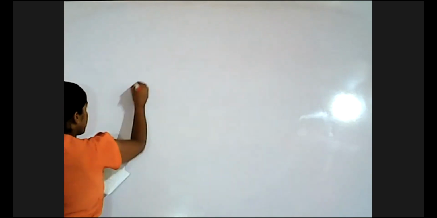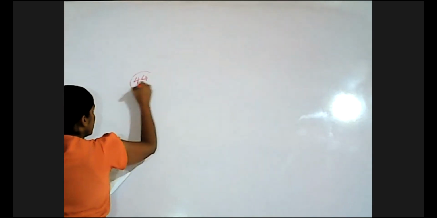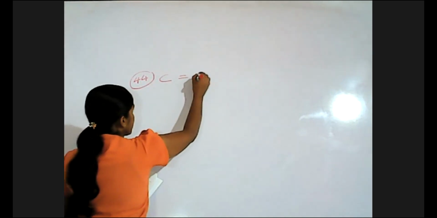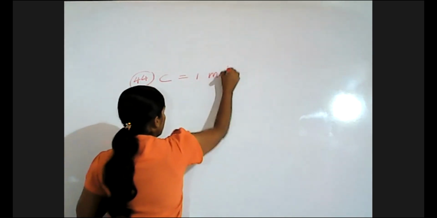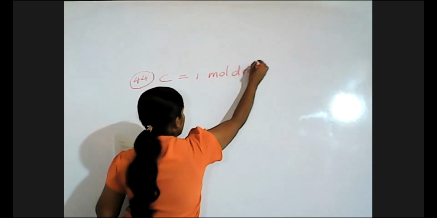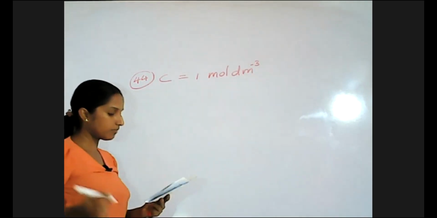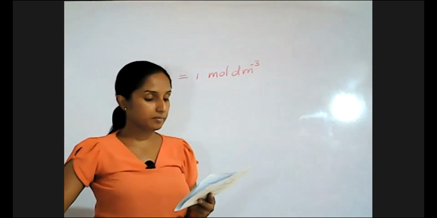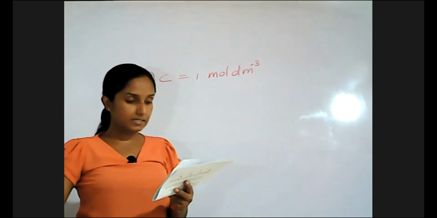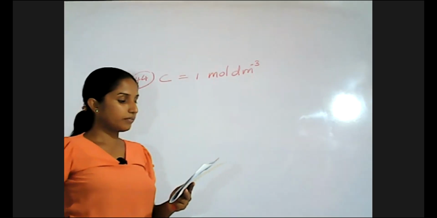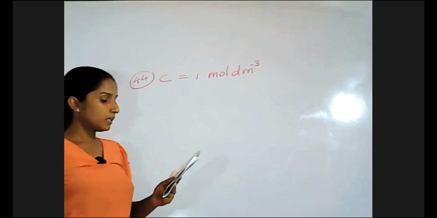Question number 44. The concentration is 1 mole per cubic decimeter. The relative atomic masses are given. We have to find the mass, right?